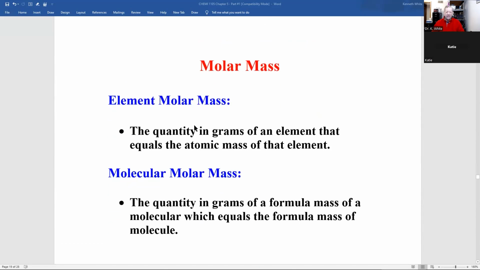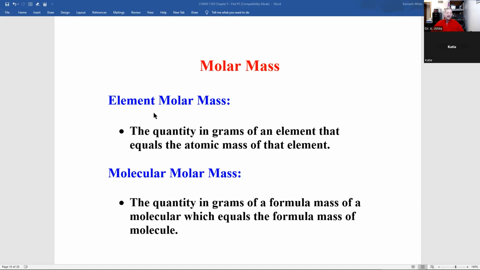Now, one of the most important concepts in all of chemistry, for me, Dr. White, is the relationship called the molar mass. And I'll never ask you what it is, but let's go through this slide, and I'll show you a better way of understanding it.